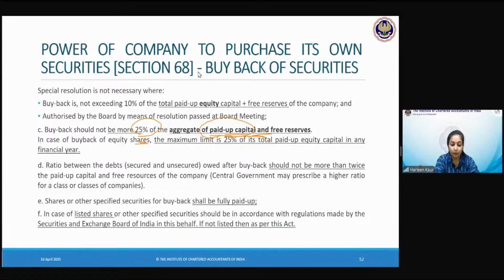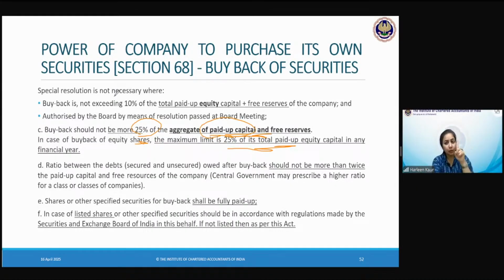Is that clear, all of you? So here, the maximum limit that you have to consider is 25% of the total paid up share capital and free reserves. That means your buyback should never be more than this 25%. But if we are specifically talking about the buyback of equity shares, then the limit is 25% of the total paid up equity capital.